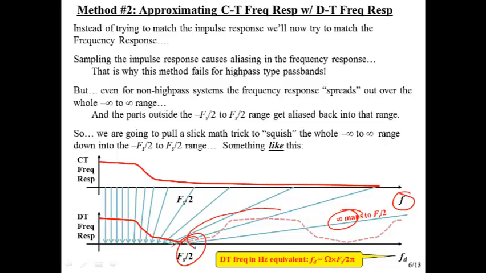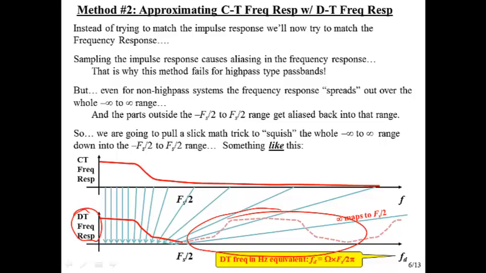And then this dashed thing that I'm showing here, what that's showing is that we've made room for all the spectral replicas. Remember, we're going to be doing this in a discrete time frequency representation, or discrete time frequency response. So it's going to have all these replicas because it's a DTFT.